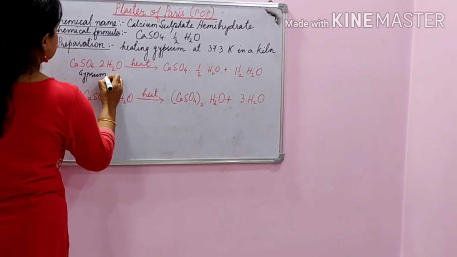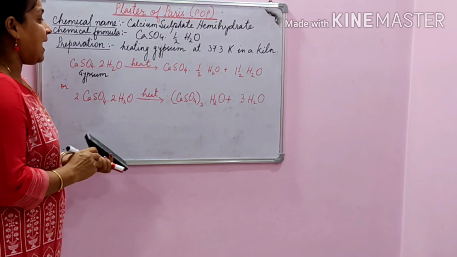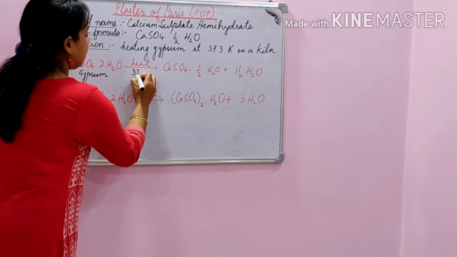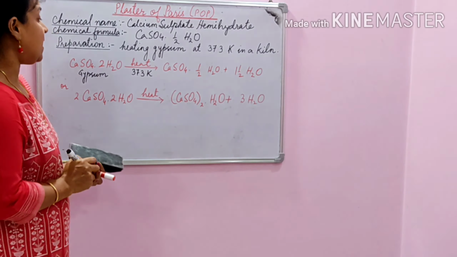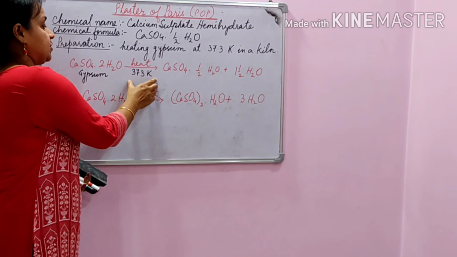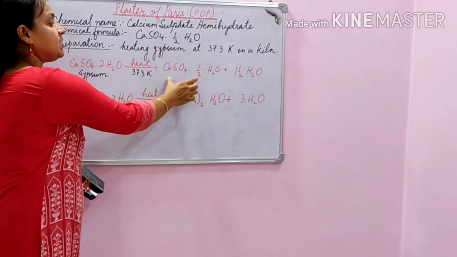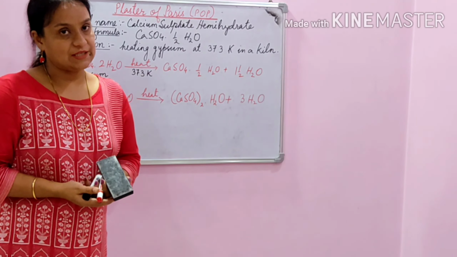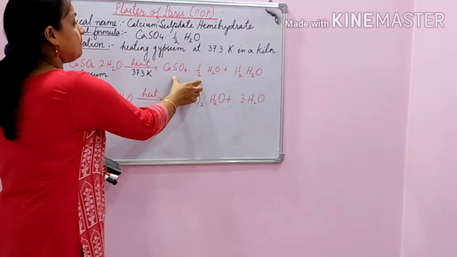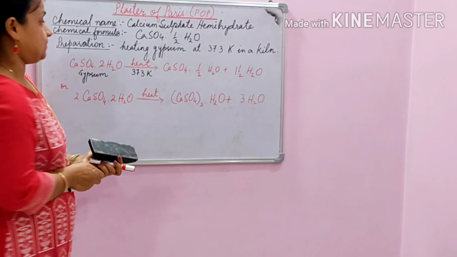When it is heated in a kiln at 373 Kelvin, remember this temperature is very important, I'll tell you why. At this temperature, this gypsum loses 1.5 molecules of water of crystallization and it becomes POP, plaster of Paris.